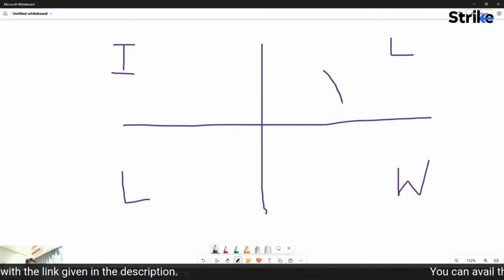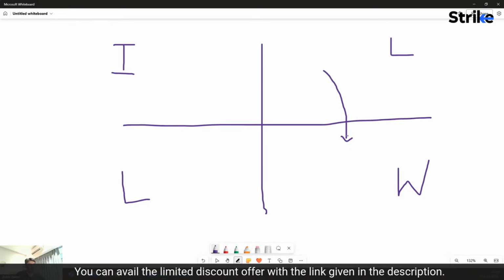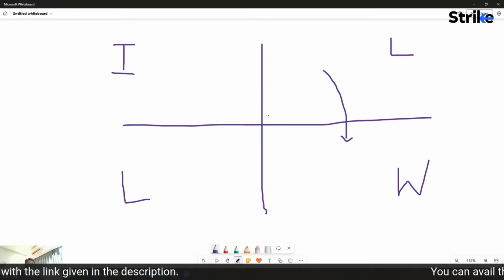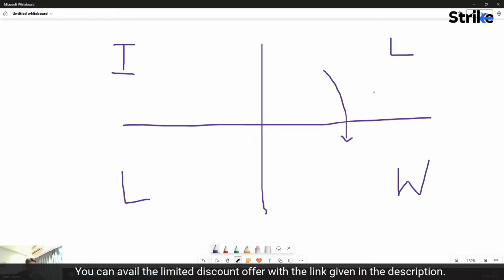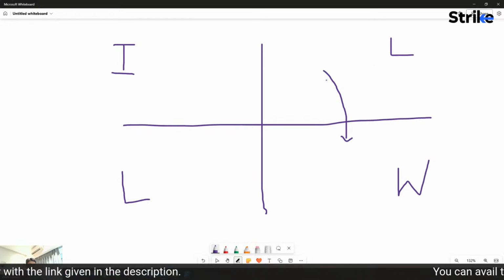So when a particular index changes the quadrant from leading to the weakening quadrant, the momentum has started slowing down, but it is still outperforming the benchmark. Why? Because it is on the right hand side of the quadrant. The first two, leading and weakening, are on the right hand side. Any reading on the right hand side means they are outperforming the benchmark.